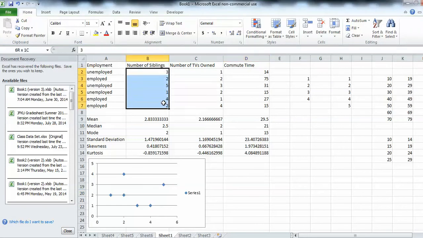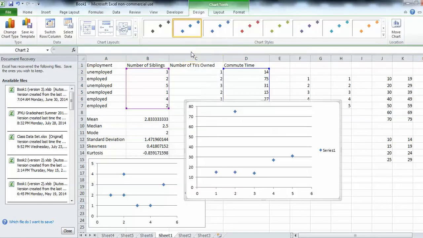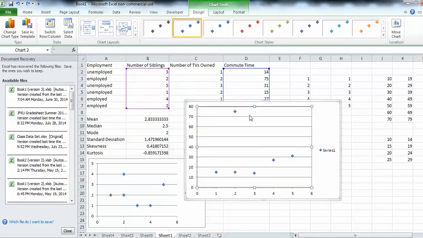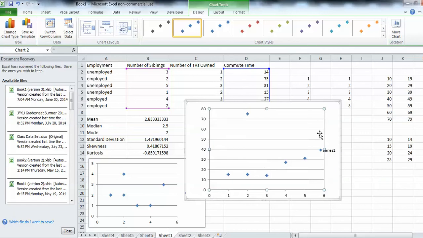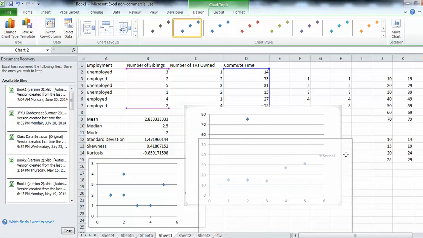I can highlight this. I press Control and I highlight commute time. Now I go to Insert and Scatter. I have another scatter plot. I'll move it down here. Oh, I have to click outside of the lines in the white area, and I can drag it down like this.